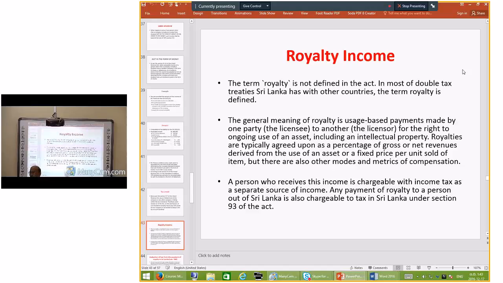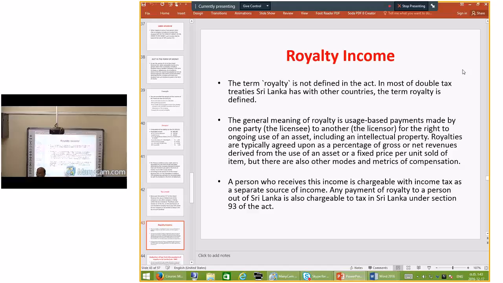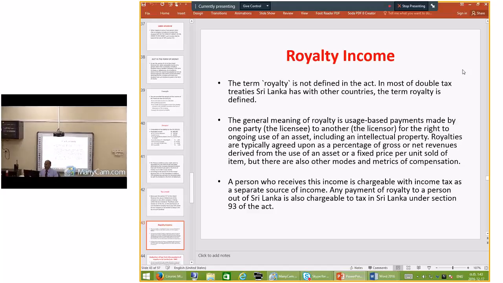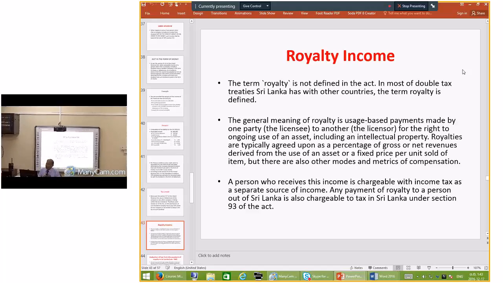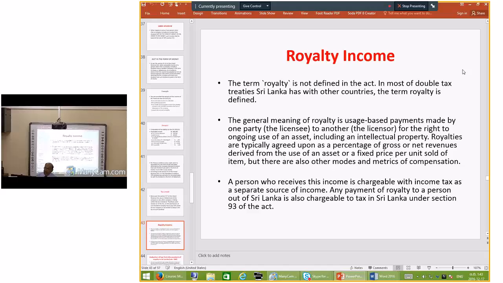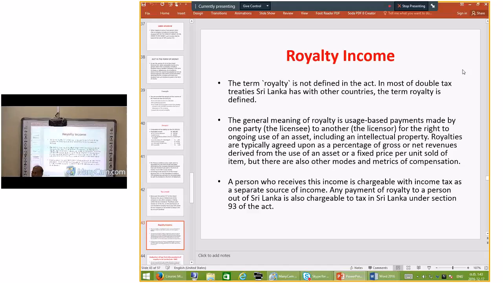In the case of an individual, no deductions are allowed when the royalty is computed. When we compute trade profit, deductions are allowed. When we compute the net revenue, we deduct 25% as repair allowance. When you compute rent income, we allow the rates and the 25%, 5 years repairs allowance.